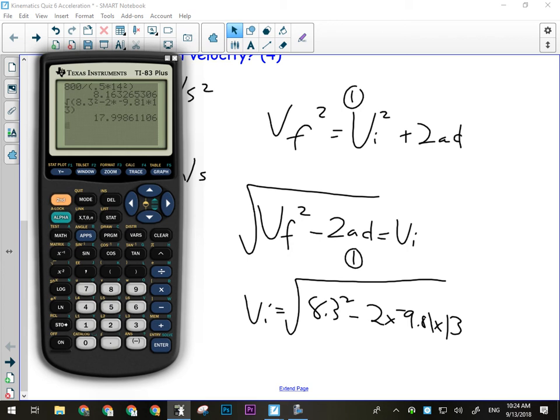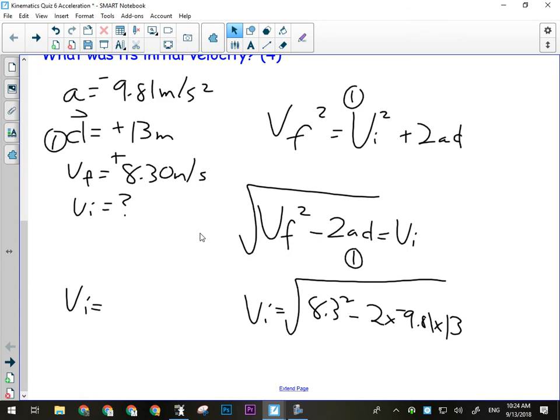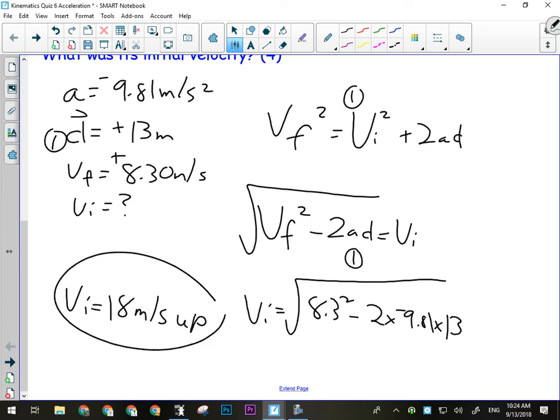All right, so we're looking at an initial velocity of 18 meters per second up, for their 4th and final mark on that one.